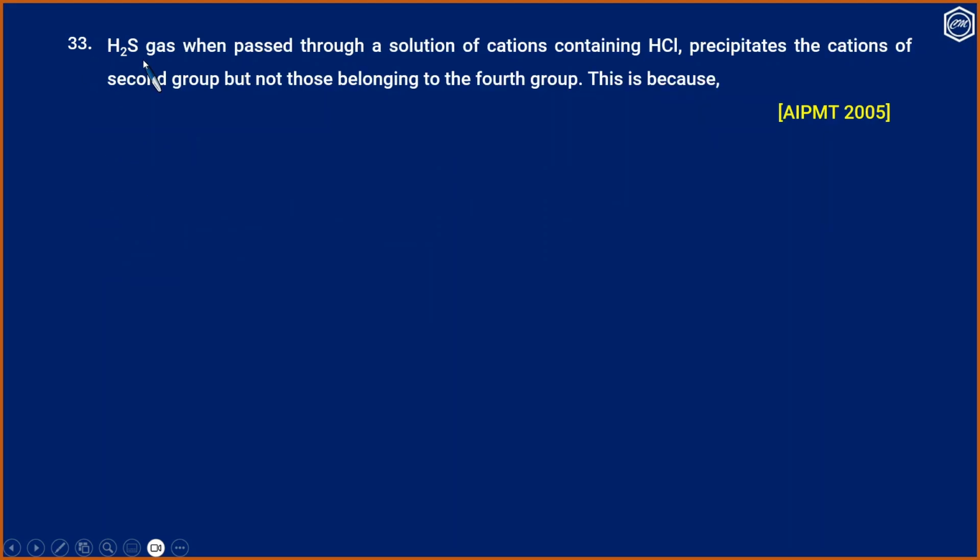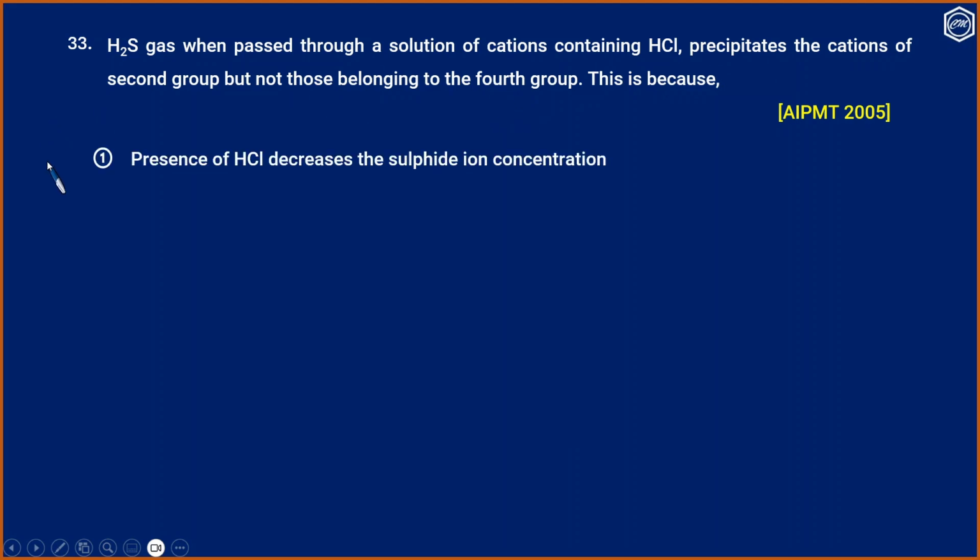Question 33. Hydrogen sulfide gas when passed through a solution of cations containing HCl precipitates the cations of second group but not those belonging to fourth group.